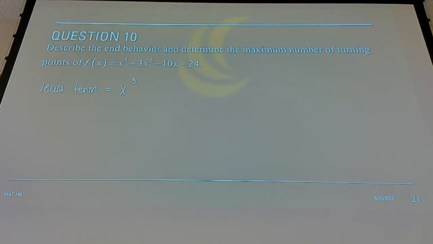What's your coefficient? Positive or negative? Power. Even or odd? What does f do on the left? Positive coefficient, odd power.